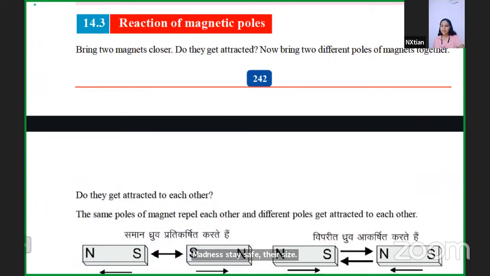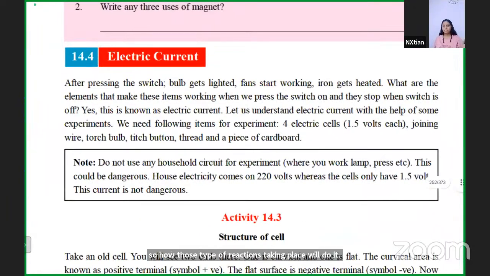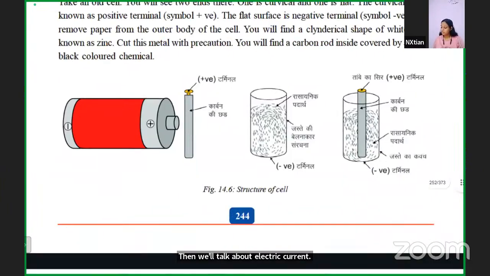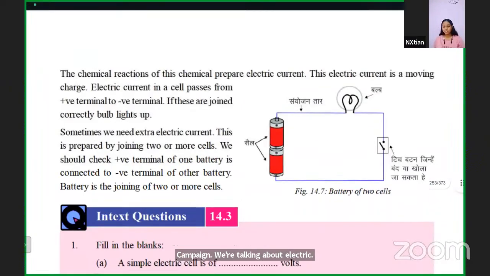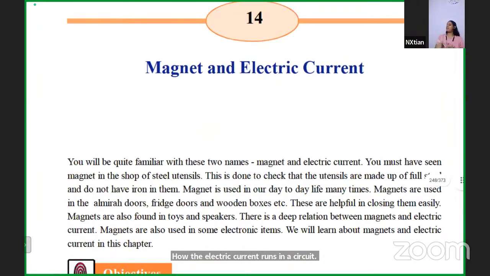How they come and stick together, how they pull close or pull apart. We'll see how those reactions take place. Then we'll talk about electric current, how the electric current runs in a circuit, and we'll see all of that.